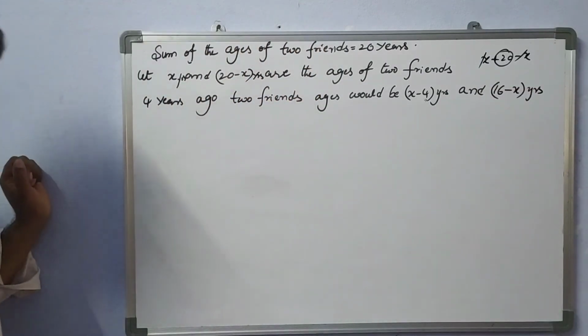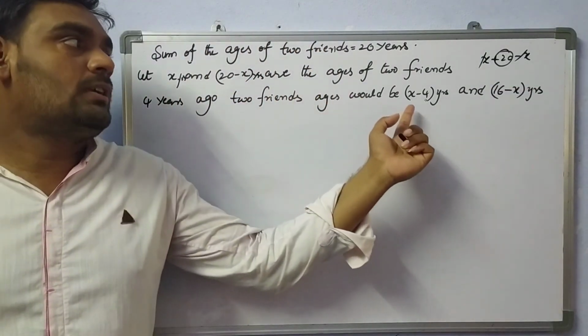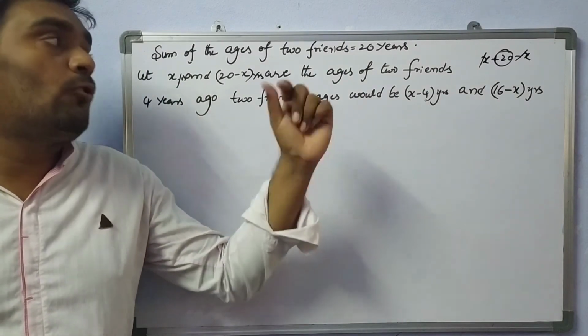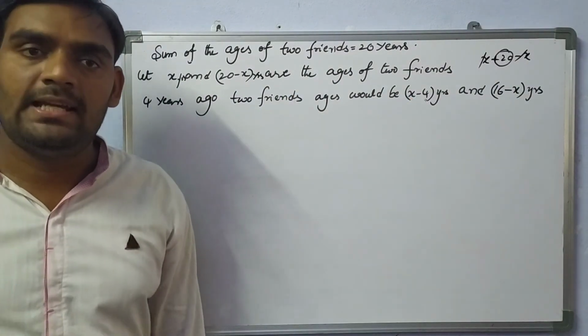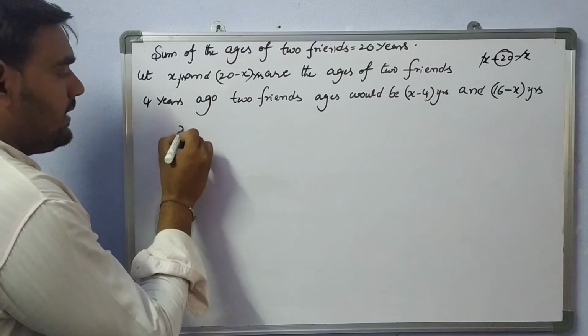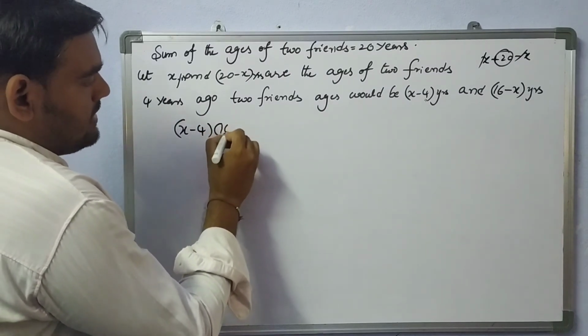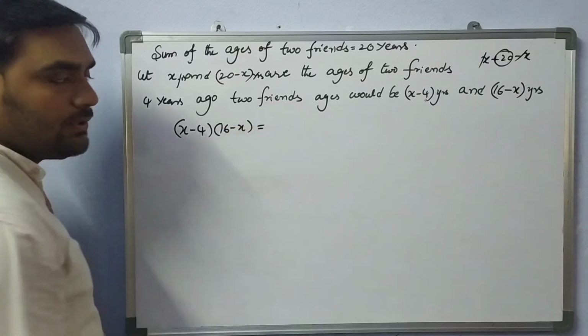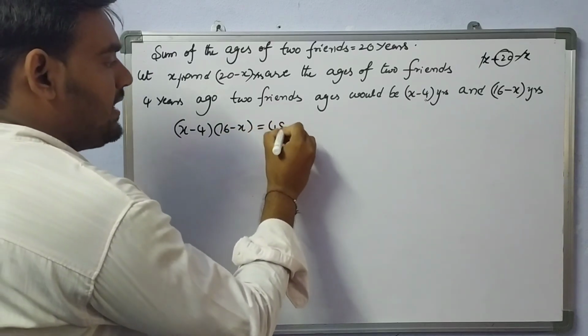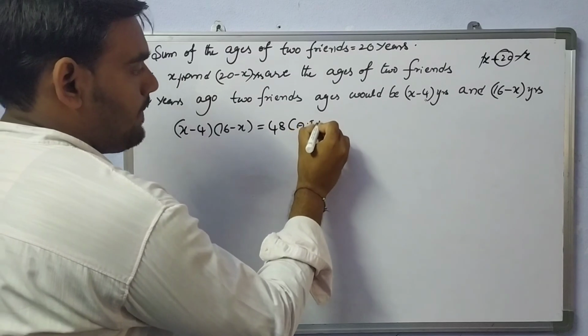According to the problem, the product of the ages of two friends 4 years ago is equal to 48. So here we can write x minus 4 into 16 minus x is equal to 48 according to the problem.